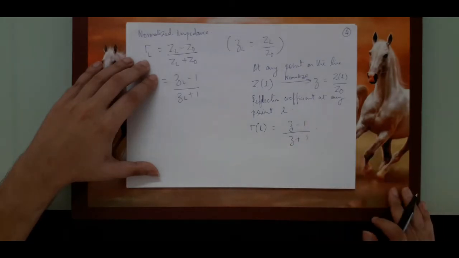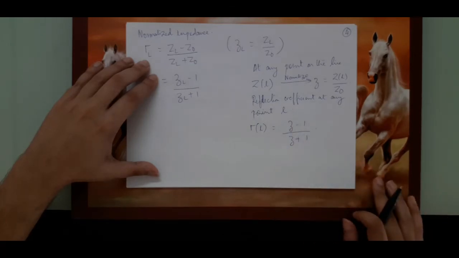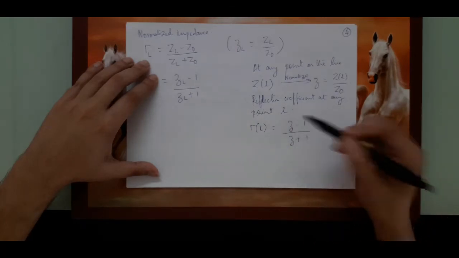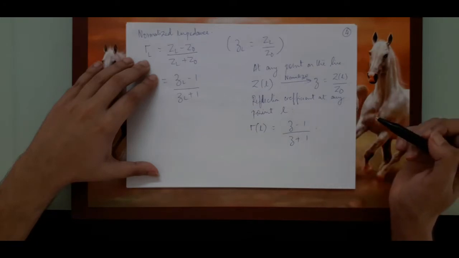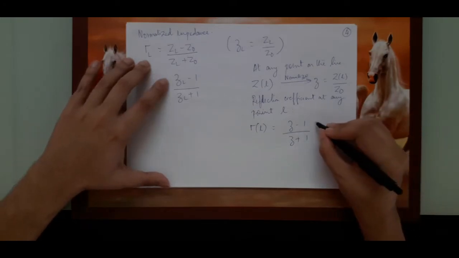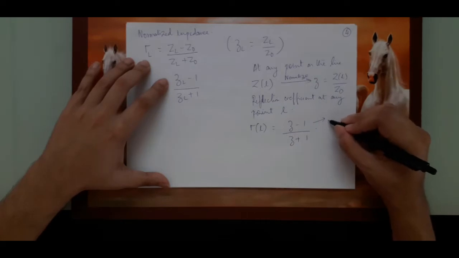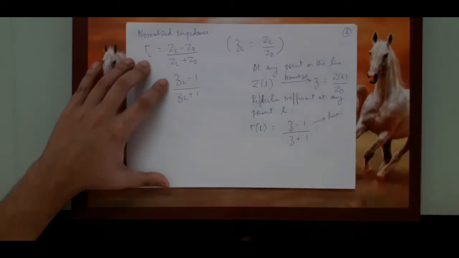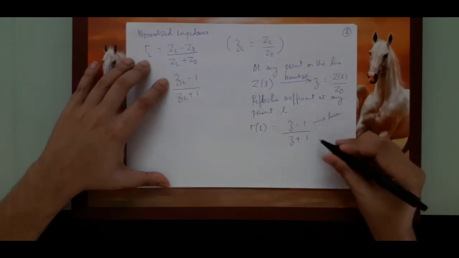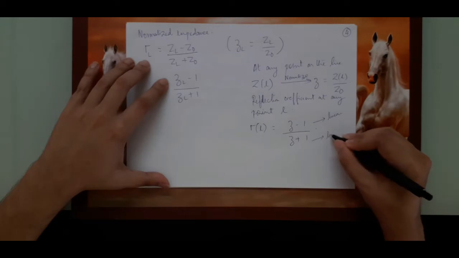What is the degree or the order of these two algebraic terms? They are both first order. That is, in some sense we can say linear. It's not truly linear because of this plus and minus 1, but since it's first degree and you are not very concerned about where the origin is, we can call them linear. Even the denominator is linear.